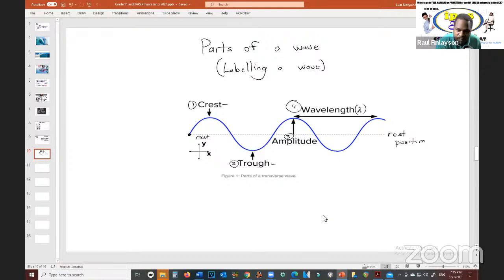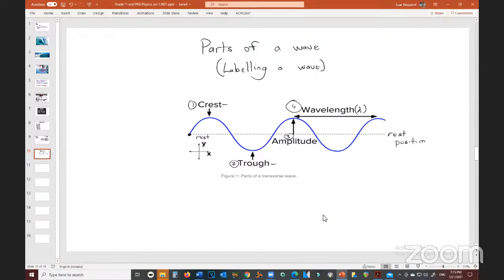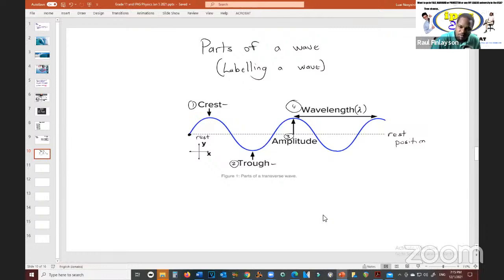So if the disturbance is high, how about saying that it's the top of a wave? You know the word top of a wave. That's what the crest is.